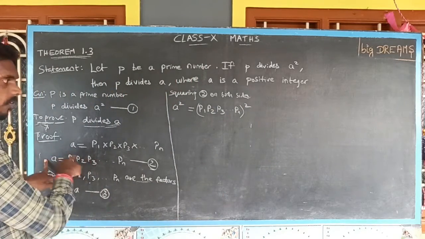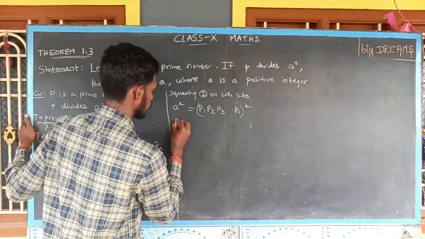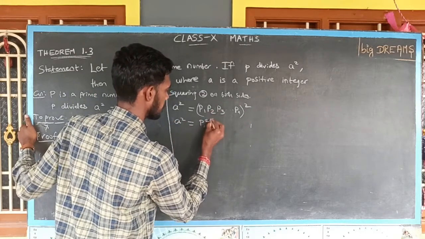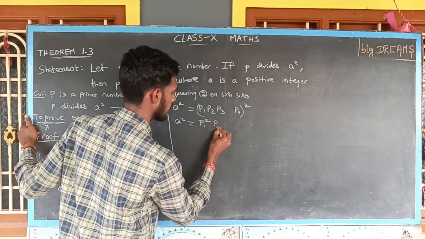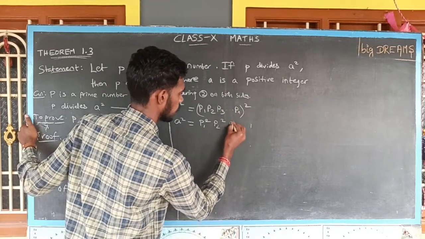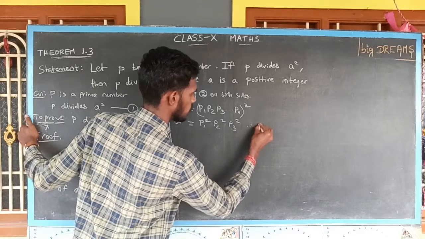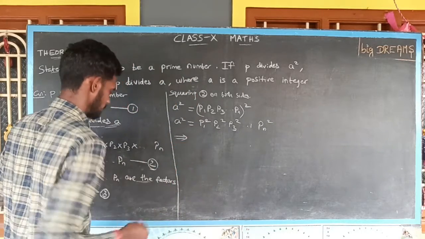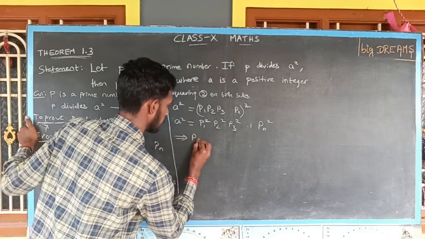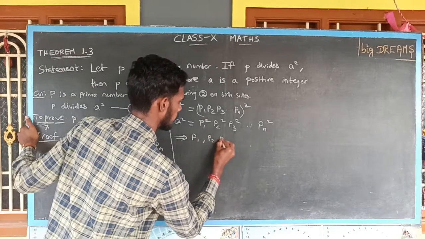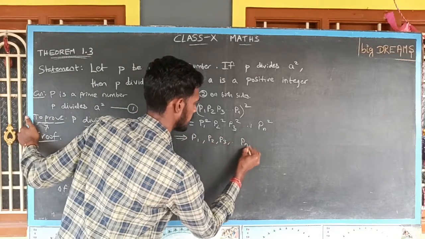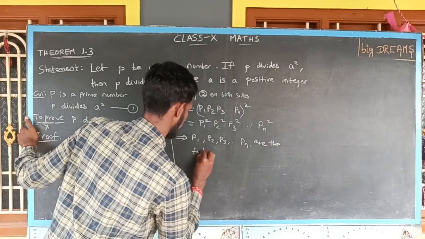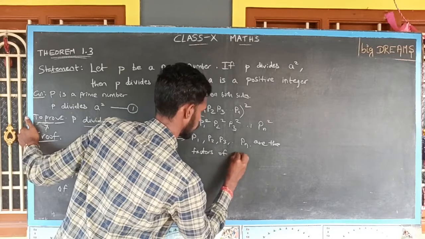Simply I am squaring on both sides. So it can be written as A square is equal to P1 square into P2 square into P3 square and up to Pn square. So this states that P1, P2, P3 up to Pn are the factors of A square.